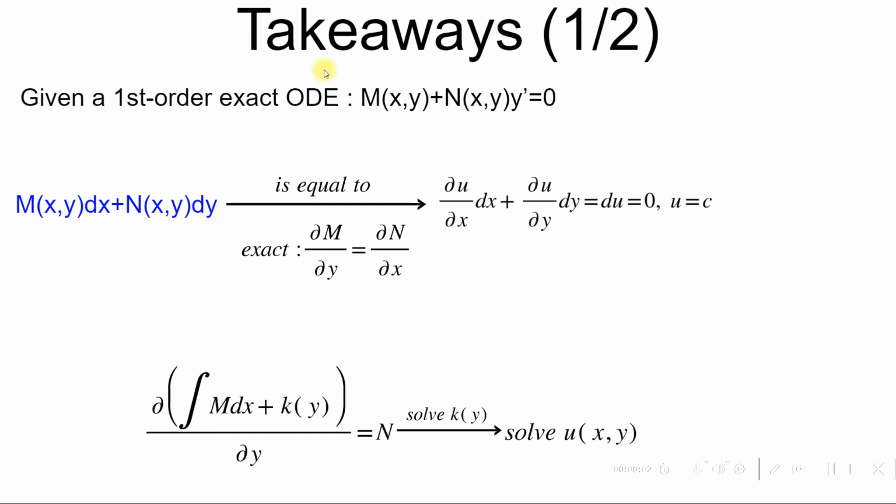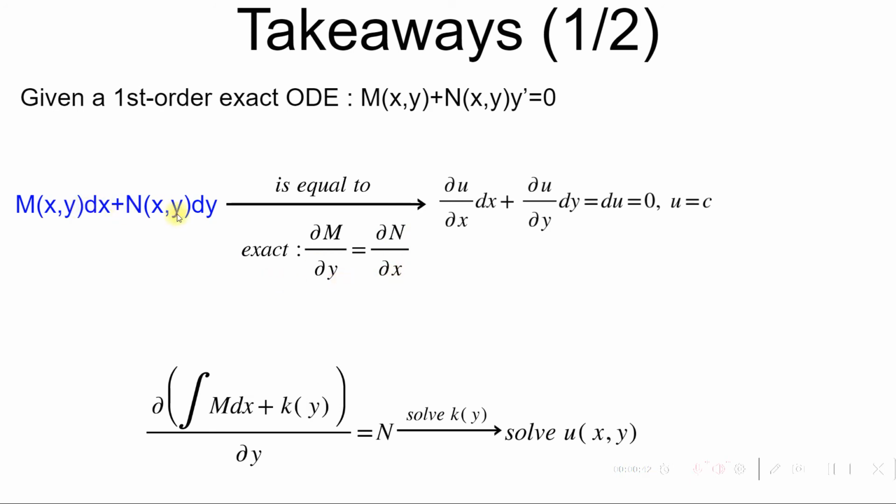Finally, we have come to our takeaway points. I tried to integrate all the things we have discussed previously into a few concise expressions. So when we are given a first order exact ODE, this one, which is equal to this one, the total derivative of u function under the premise of the exactness condition, this one.